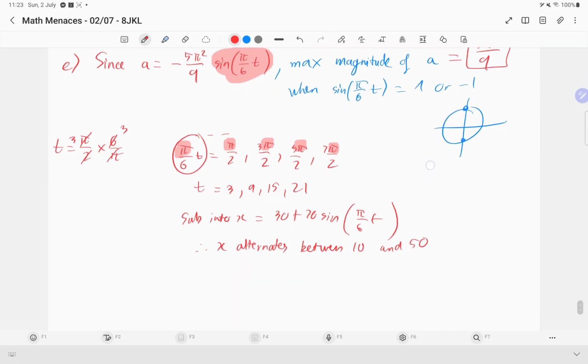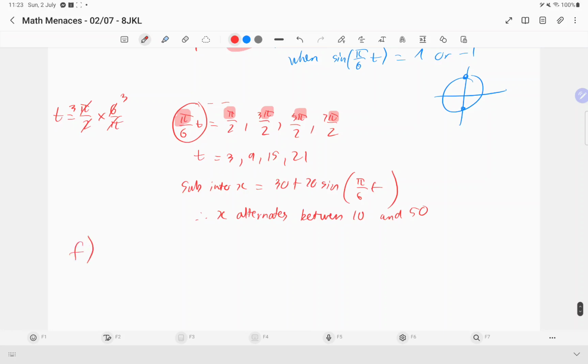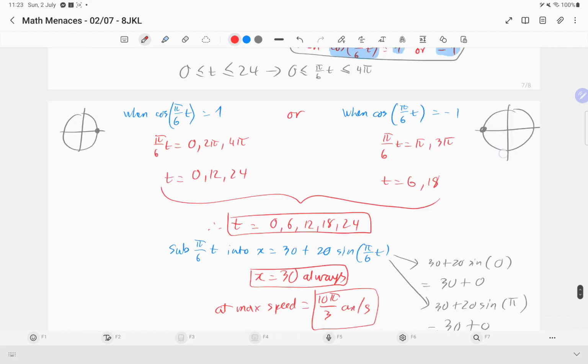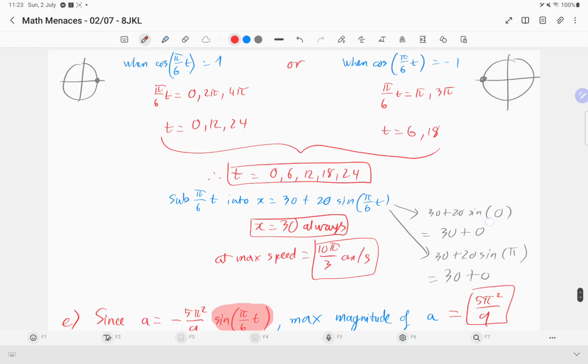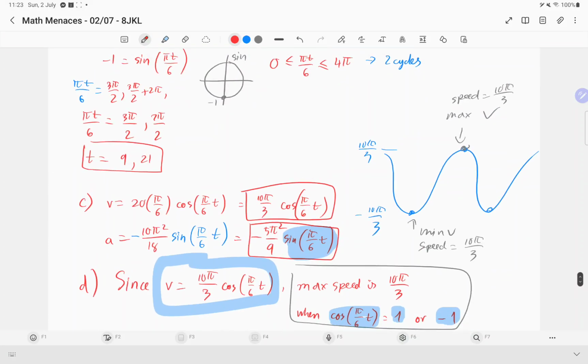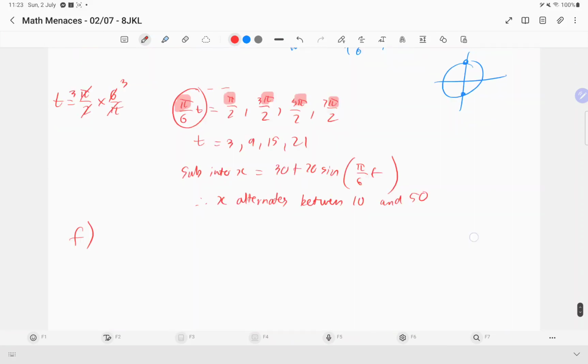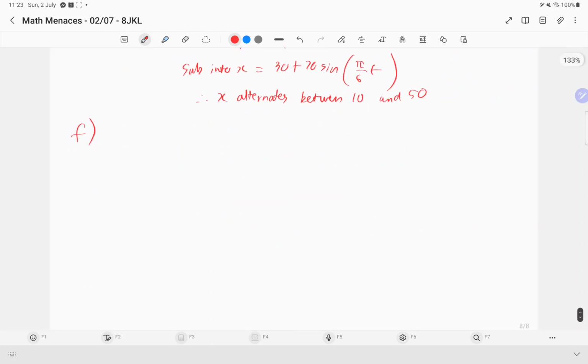Okay, now question F. I will go through question F, which is the position when it is turning around. Note that the position would be given by this thing here, 30 plus 20 sine of pi t on 6.